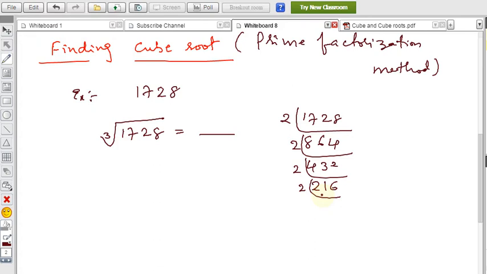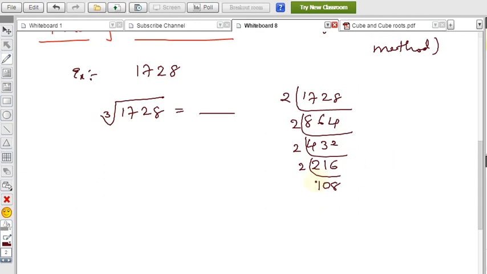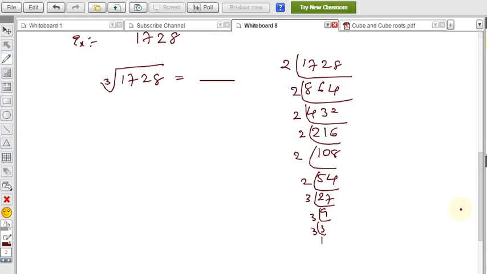Now the 2 table is not possible, so 3. 3 9s are 27 and 3 3s are 9, 3 1s are 3.